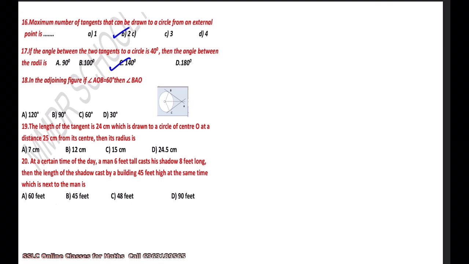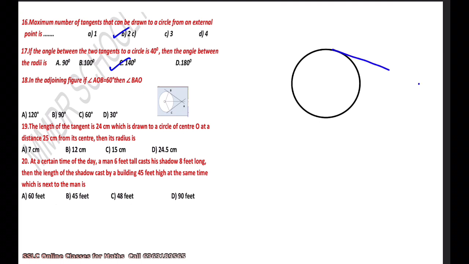Question number 18. In the adjoining figure, if angle AOB is equal to 60 degree, then angle BAO is how much? See, if I draw the figure, we have a circle, right? There is a point here.